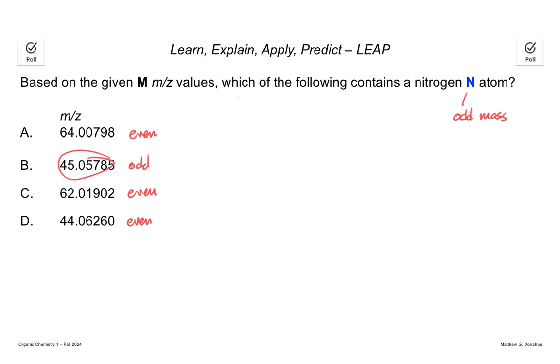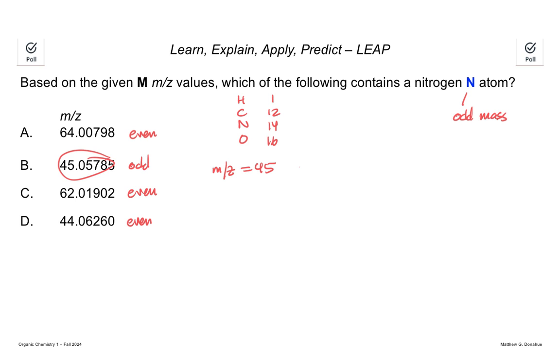So let's write H, C, N, O atomic masses. H equals 1, C equals 12, N equals 14, O equals 16. So how can we convert a mass of 45 into a molecular formula? Because it's odd, we're going to say, okay, there's 1 nitrogen.